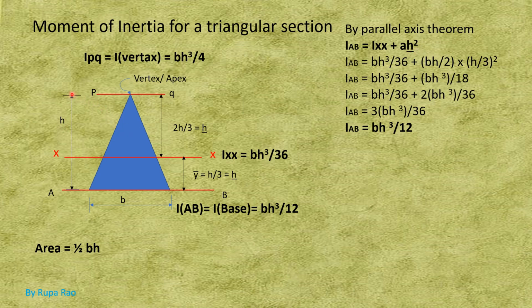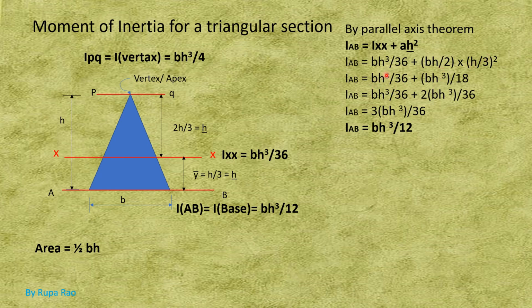The height of the triangle is h, and this h by 3 is the distance between the axis XX and AB. So this h underlined in this formula will be (h divided by 3) square. Now 3 square is 9, and 9 into 2 is 18, and h square into h is h cube.